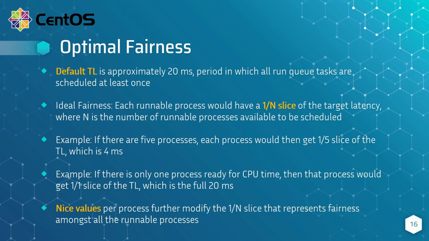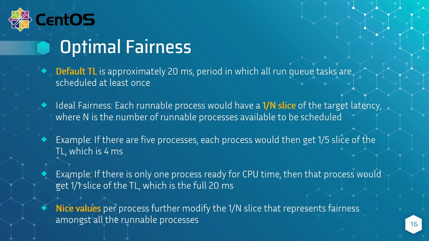For example, if there are 5 processes, each process should then get a 1/5 slice of the TL, which is 4 milliseconds. Another example is if there's only one process ready for CPU time, then that lucky process would get 1 out of 1 slice of the target latency, which is the full 20 milliseconds.